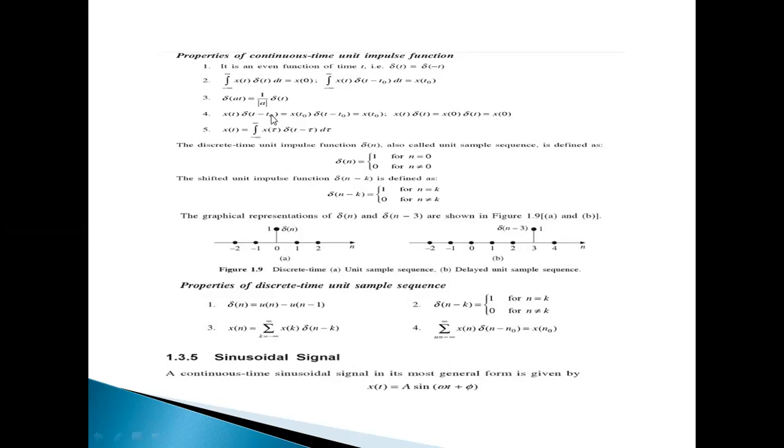If it is a shifted version of the impulse function, the signal x of t is also taken at the shifted value only, x of t naught, because the unit impulse function has a value only at t is equal to 0. If it is multiplied with any signal x of t, you will get the same signal. If it is multiplied with a shifted version, whatever the shift, that value we get from the signal, x of t naught.